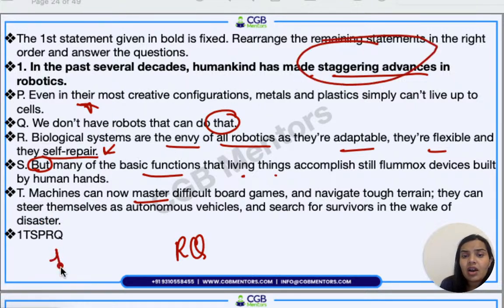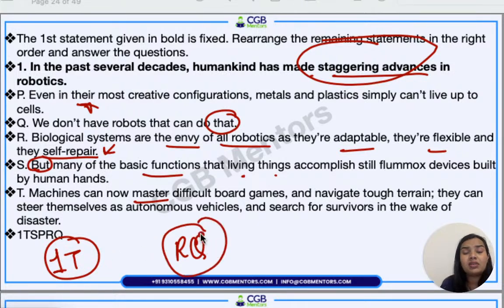We are explaining now what great advances machines can do. So these are positives. RQ is negative. It talks about what robots cannot do. S is the one that is going to help us with the transition from positive to negative. So the negative discussion started from S, and in RQ we described by comparing with human cells. That is how your answer comes.